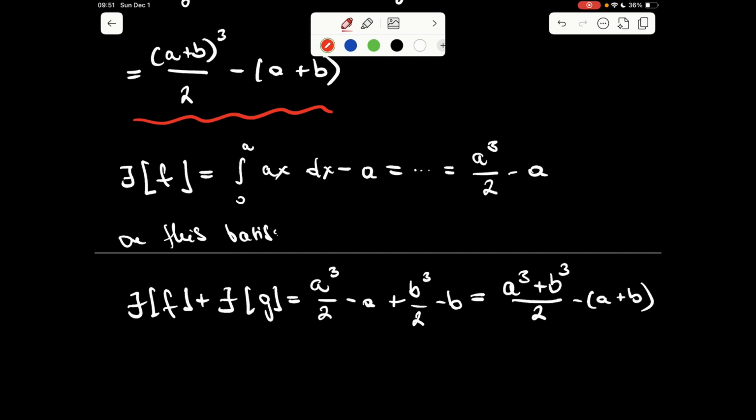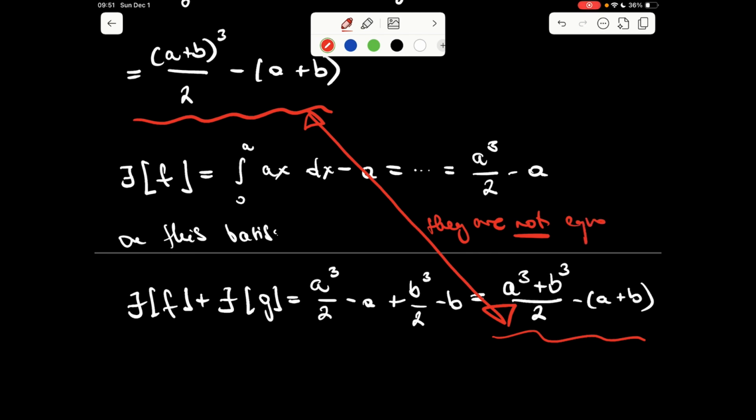So this is the left-hand side, right-hand side, and it's obvious they are not equal.